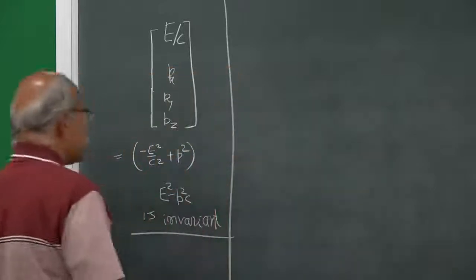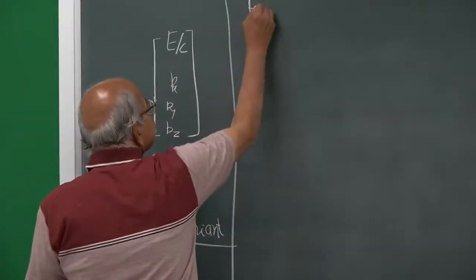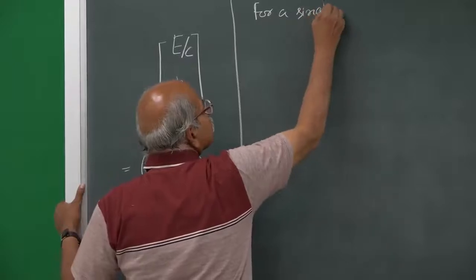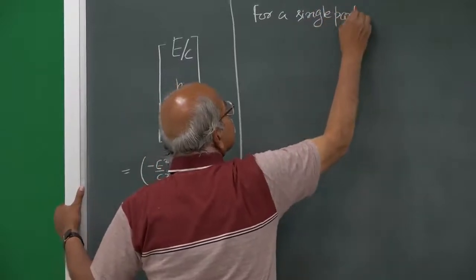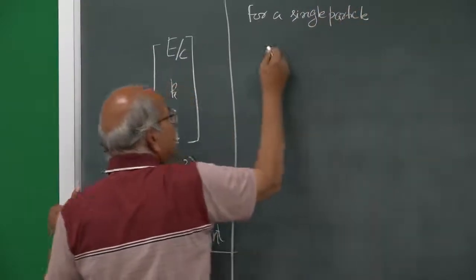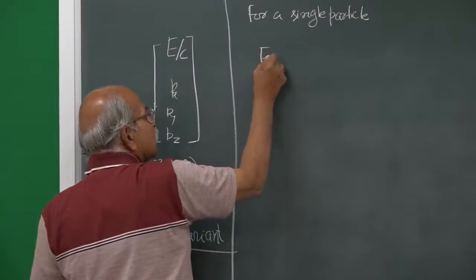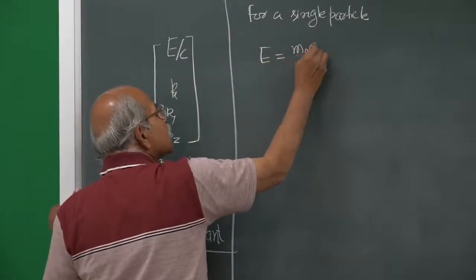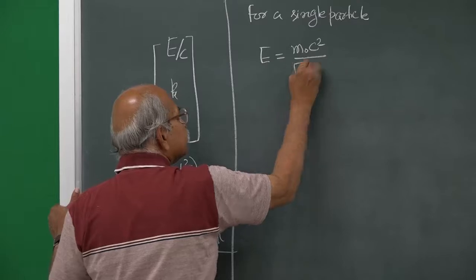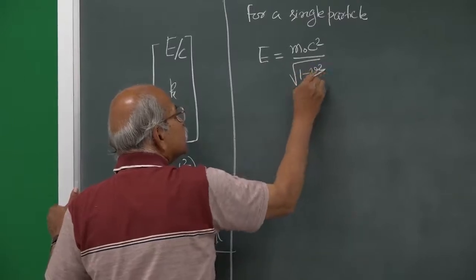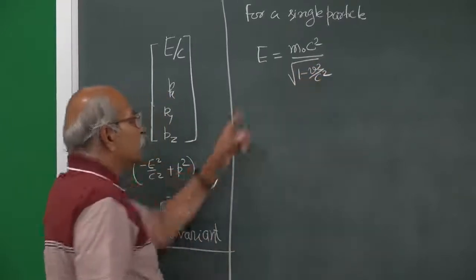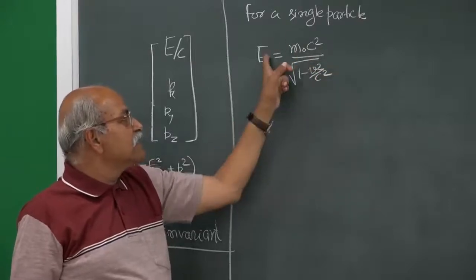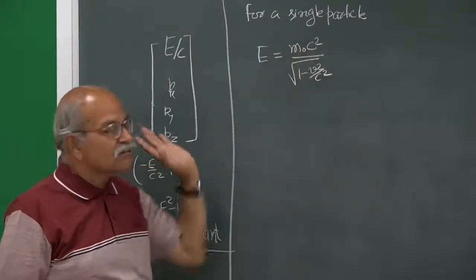So, for a single particle, you know that E is the total energy, this E is the total energy, this is m naught c square times gamma, and this whole quantity is called the relativistic mass m, and then you write E is equal to mc square.